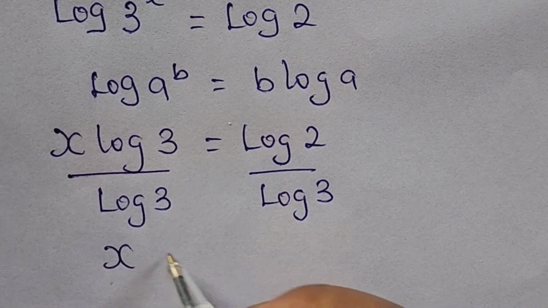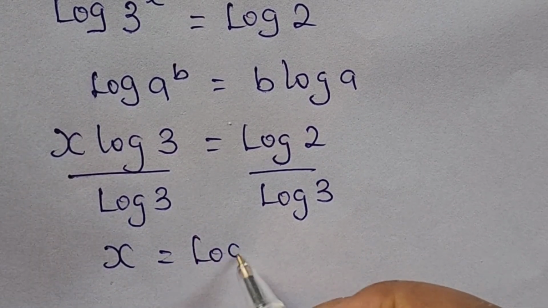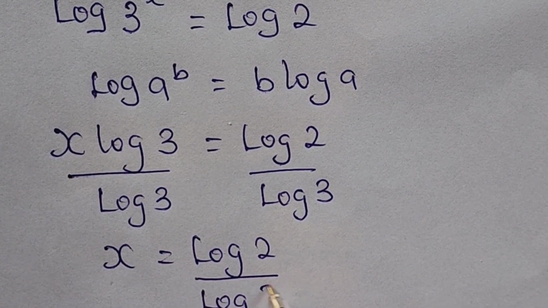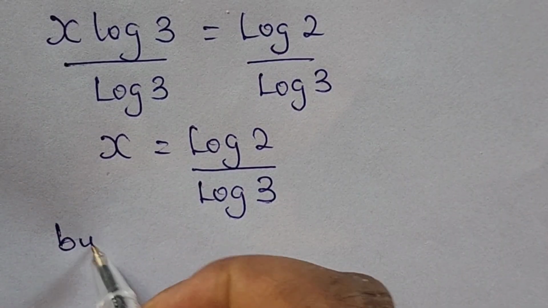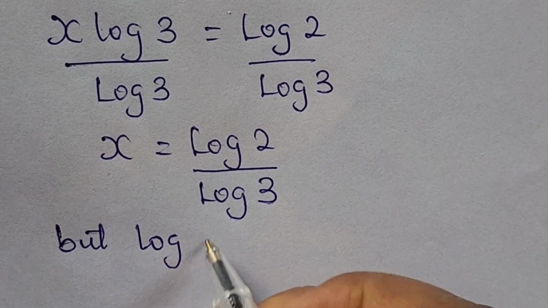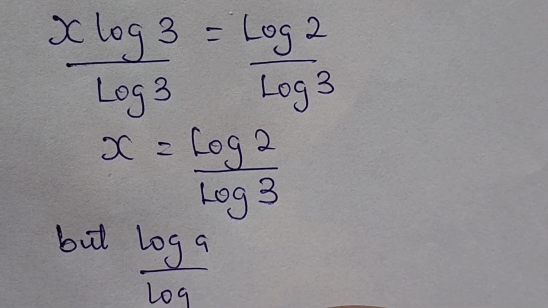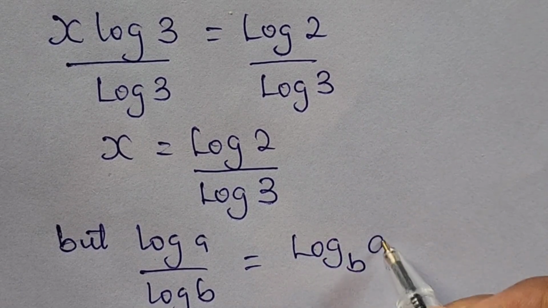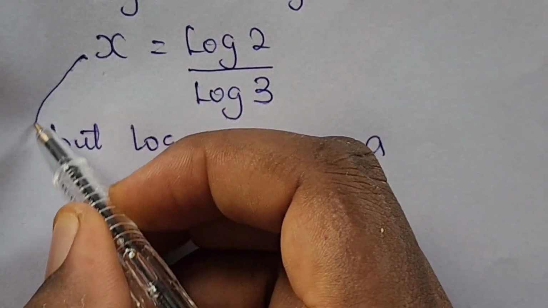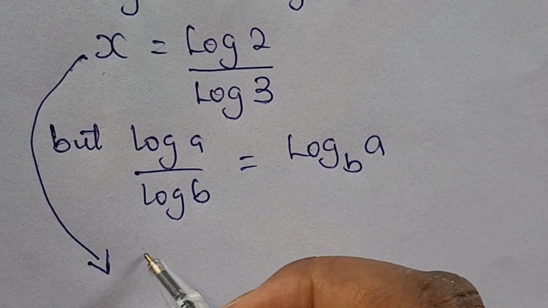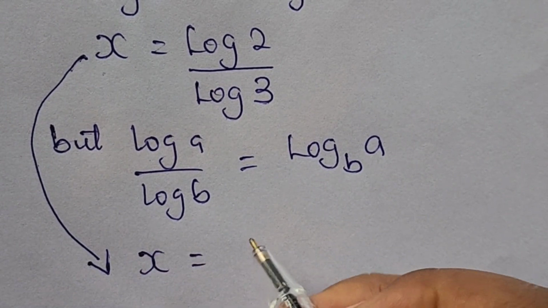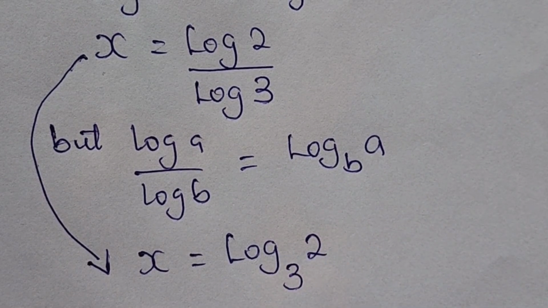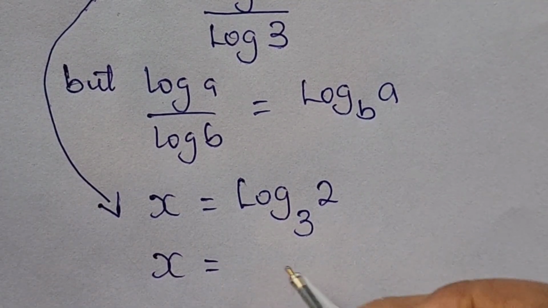We have that x is equal to log of 2 all over log of 3. But when we have log of a over log of b, this is equal to log to base b of a. So our x is equal to log to base 3 of 2, and x is equal to 0.63093.